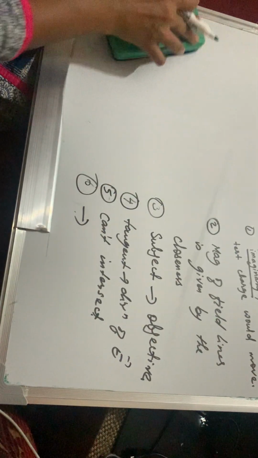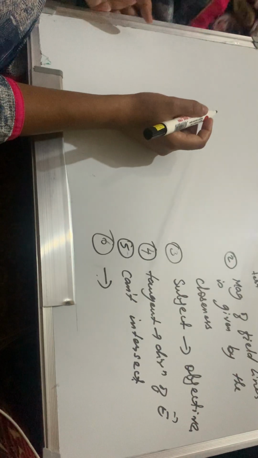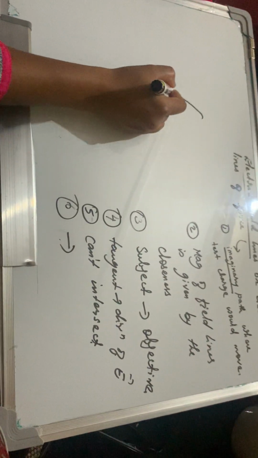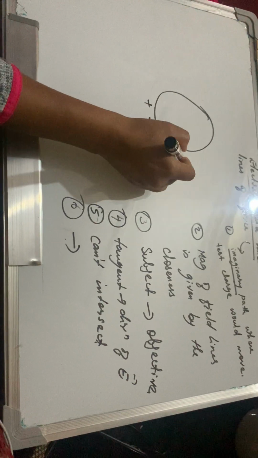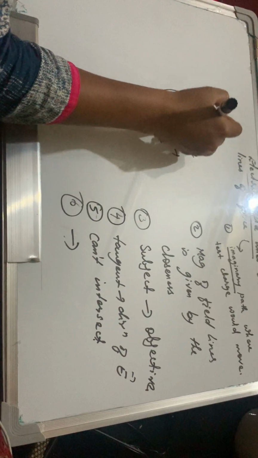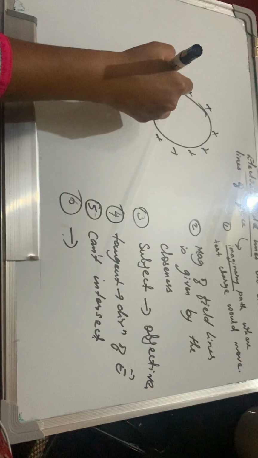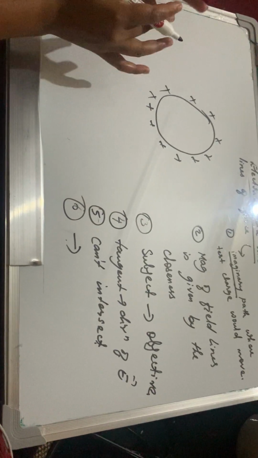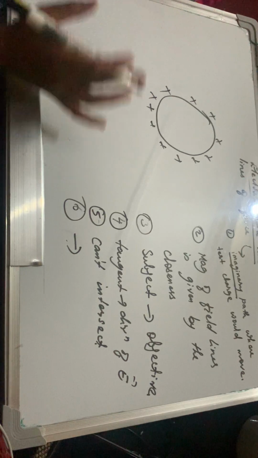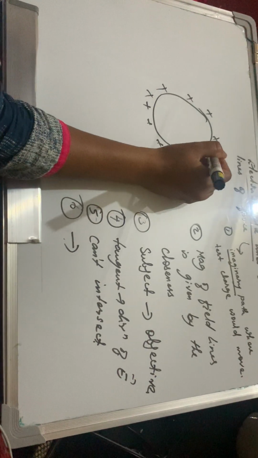Then point number 7. Suppose this body is a charged body due to whatever means, then the charged body will create a field of its own, right? Now how are we going to represent the field lines in the picture?